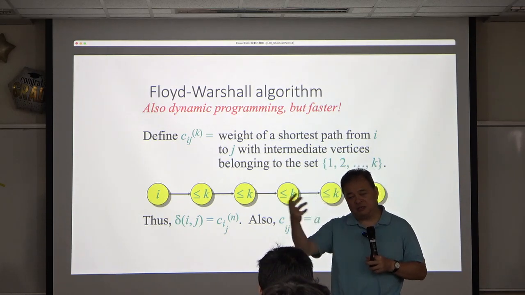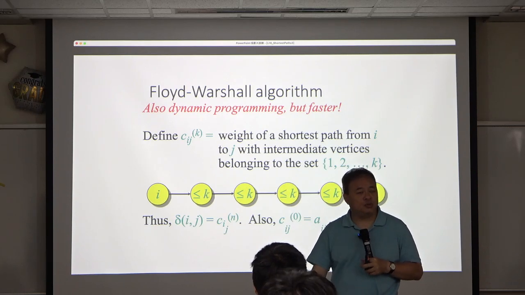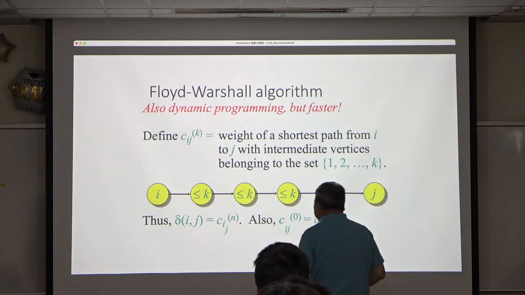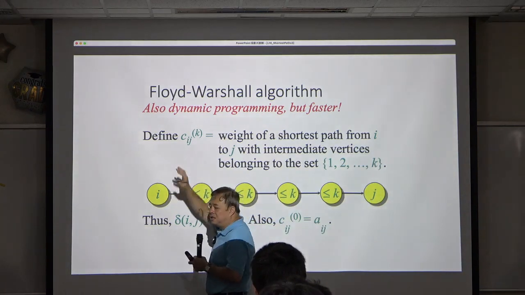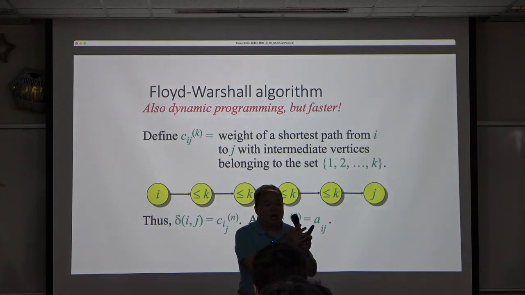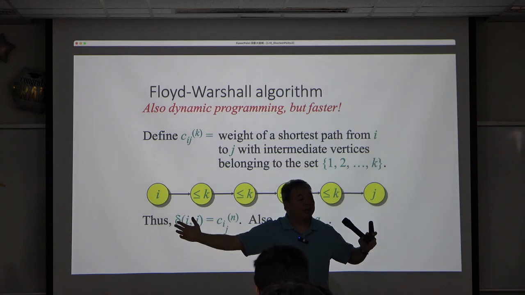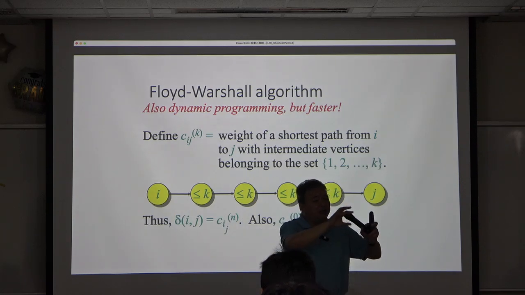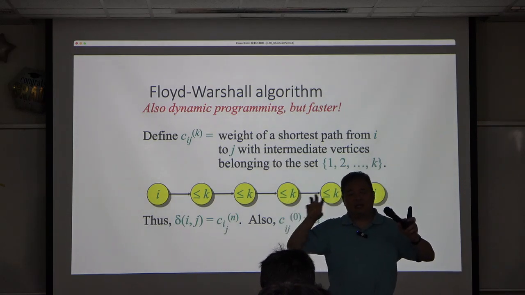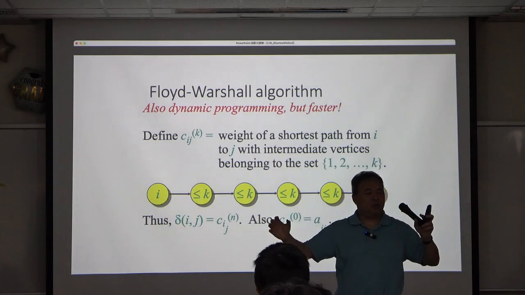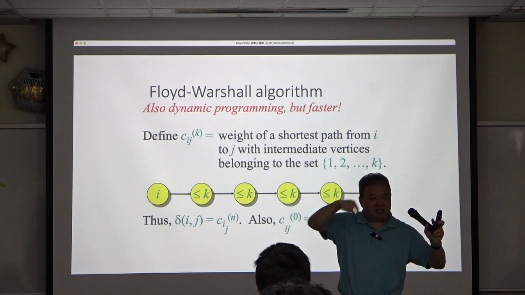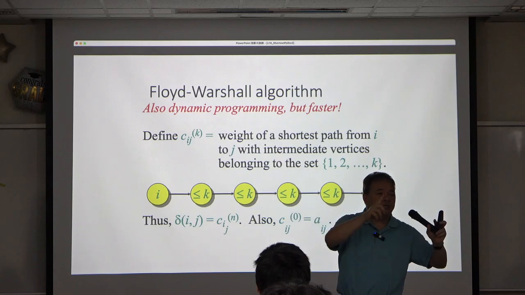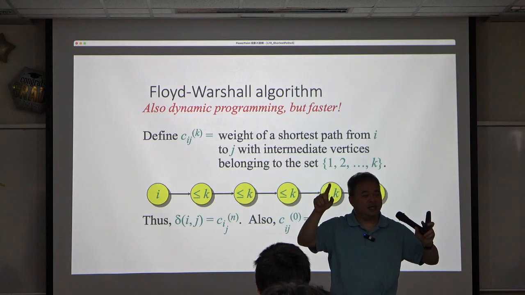We are just giving each node a number. And then this k means, I don't care how long this path is, but what I care is that the intermediate nodes used between i and j can only be from node 1, node 2, node 3 up to node k.